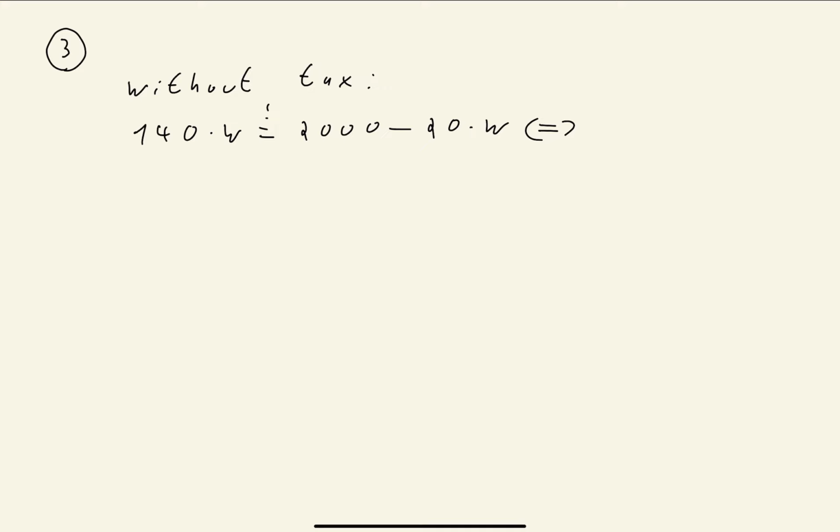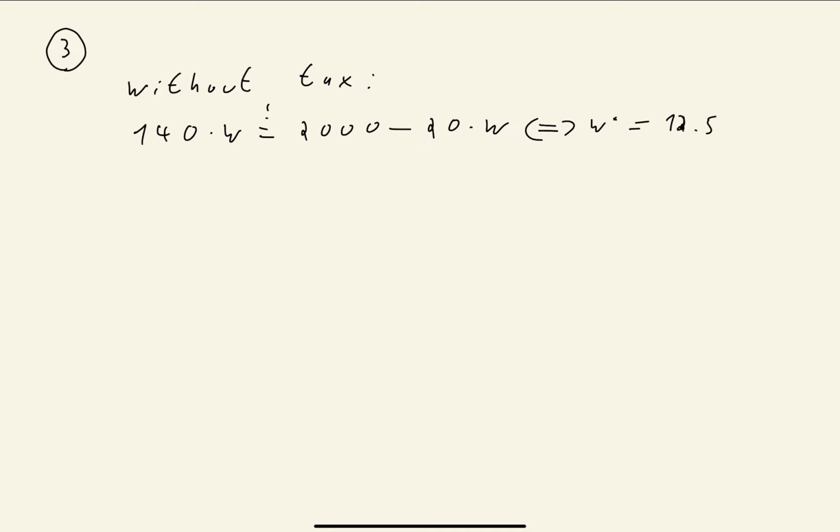So without tax, we simply set again demand equal to supply. So 140 times W should be equal to 2000 minus 20 times W. And if we solve this, we end up with W star being equal to 12.5.